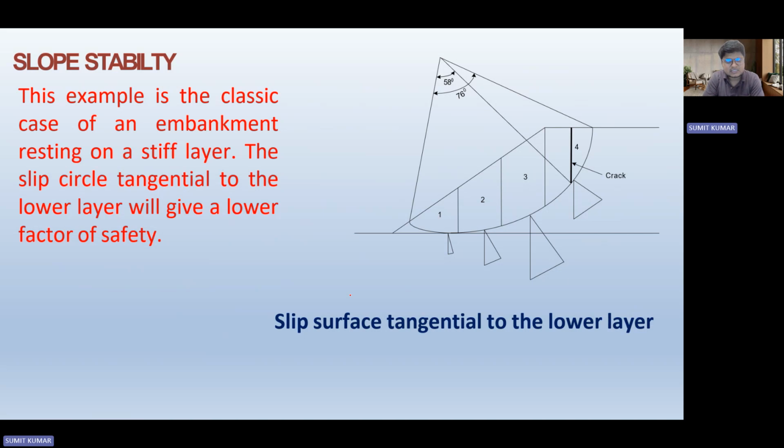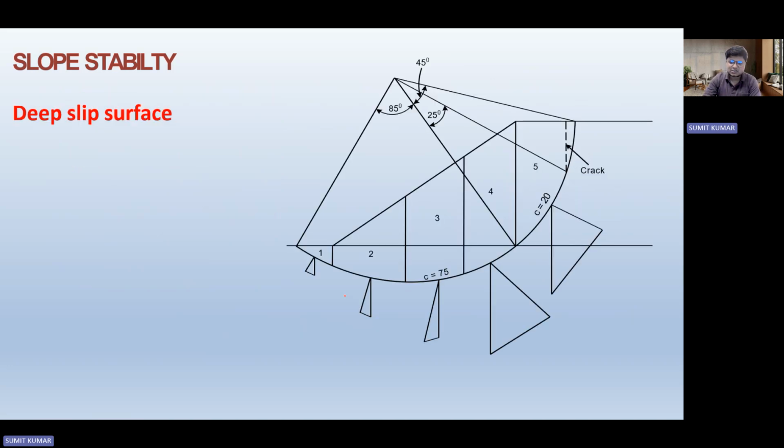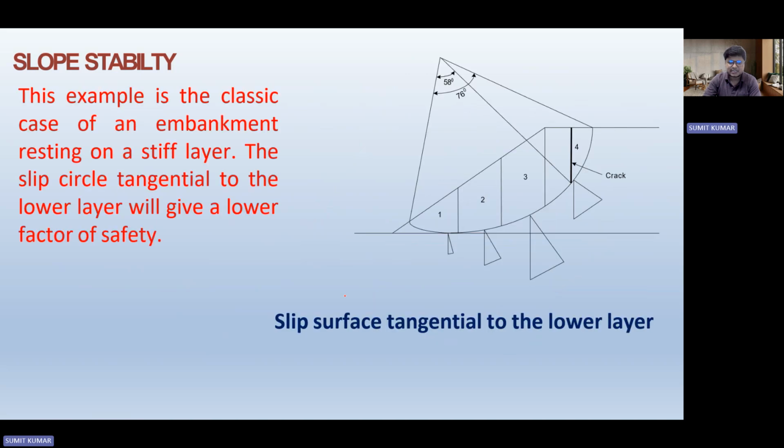Over here, this is one example in which we show a classic case of the embankment resting on the stiff layer, and the slip circle is tangential to the lower layer, which gives a lower factor of safety, and the slip surface tangential to the lower surface has been presented.